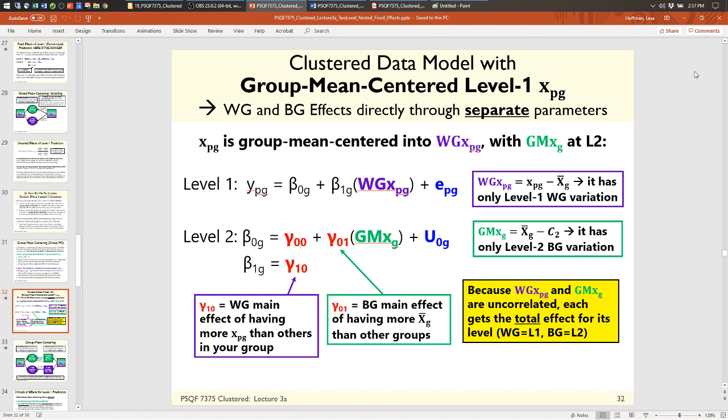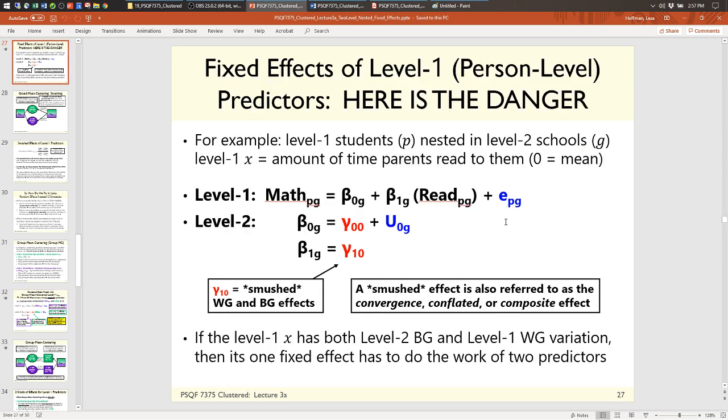Now what if my level 1 variable here were something binary? So what if reading was measured as whether or not you read to your child last night? Yes or no? Do I want to group mean center this? Now I could.